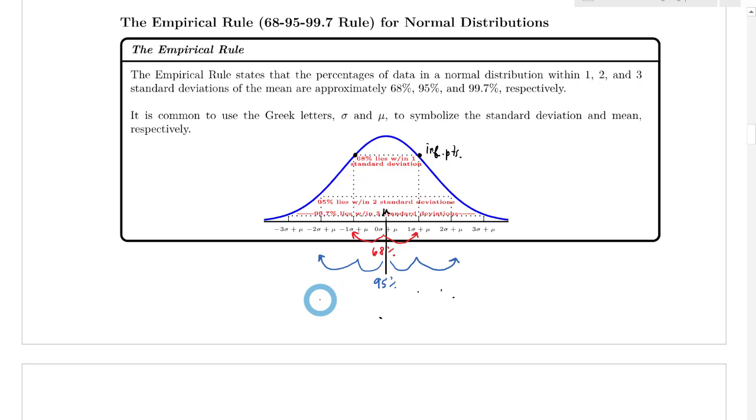I'm going to have to calculate it, like add and subtract values. Right? And then the last one is, what if I added and subtracted 3 standard deviations from my mean? You're like, that's really far. I know, and that's why we say 99.7%, which is basically all of your data, will lie within 3 standard deviations of your mean.